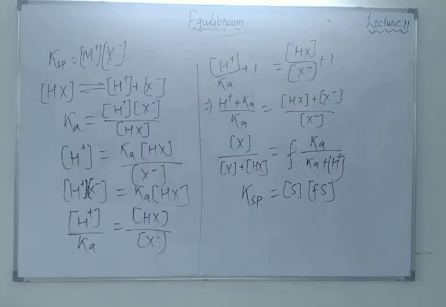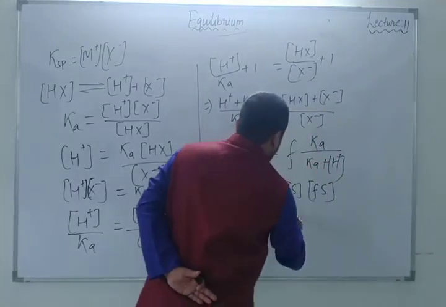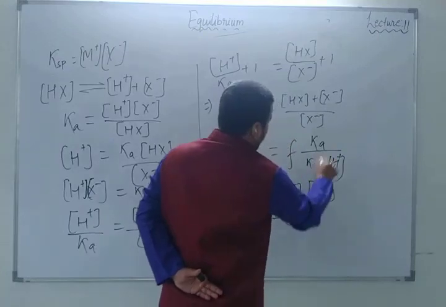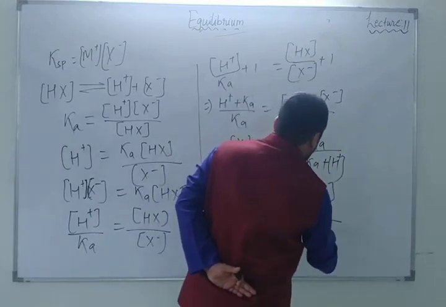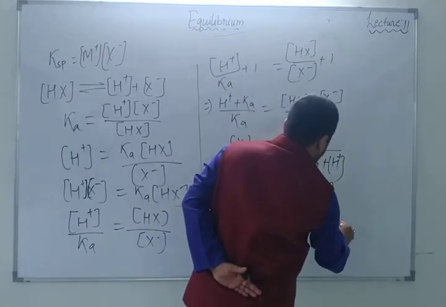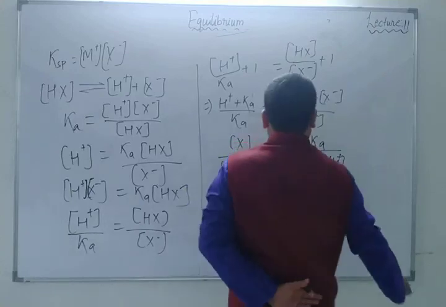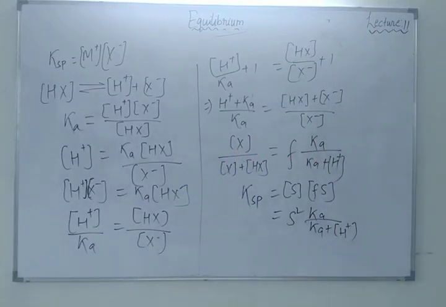Can we write this? So instead of F, we can write Ka upon Ka plus H plus. Yeah, definitely we can write. So here this is the S square, and instead of F here Ka upon Ka plus H plus. Right? Can we write this? Yes, we can write it.